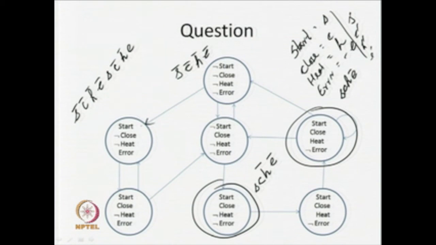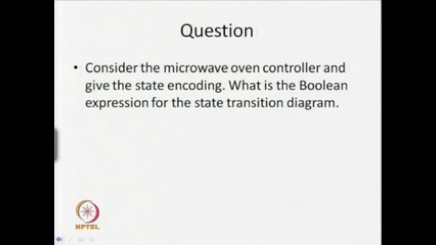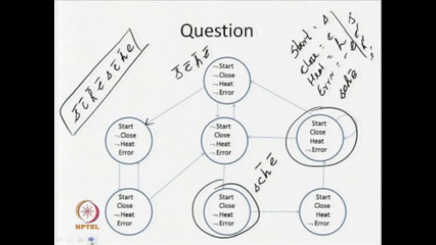This transition is represented with the help of this Boolean expression. Like that I can write the expression for all the transitions and eventually I can get a Boolean expression for the state transition diagram. Once we get it, we can represent this Boolean expression with the help of ROBDDs.